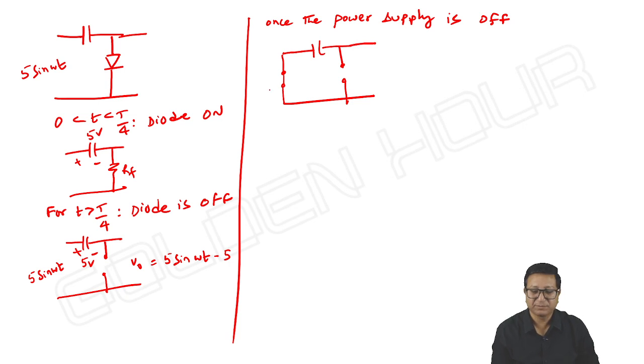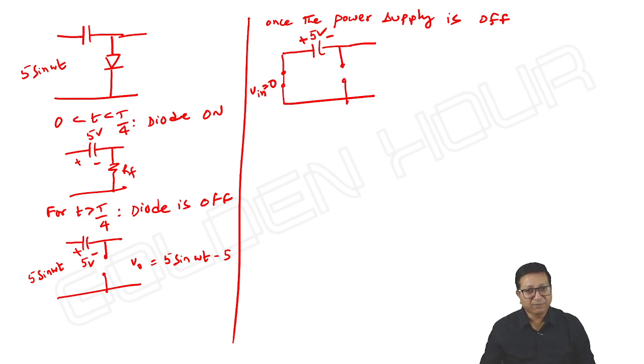This is our circuit because V input is 0. The voltage source is 0; under ideal conditions it is a short circuit. Then what about the voltage across the capacitor? 5 volts only. Is there any path for the capacitor to discharge? No. I hope you get it.